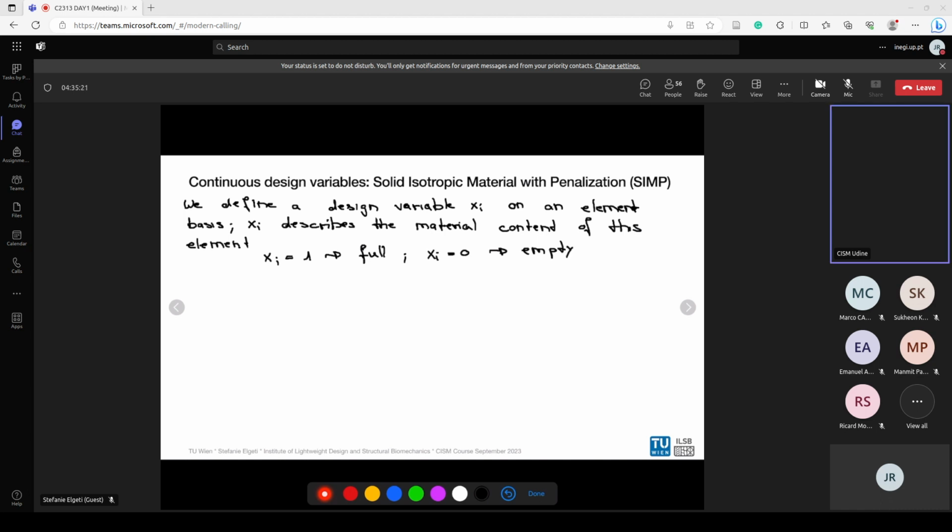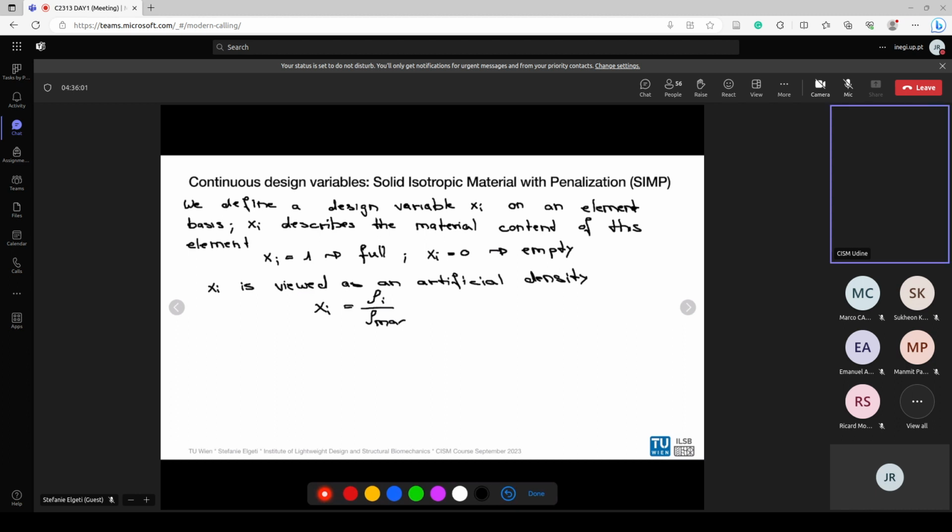And we view xi as an artificial density, meaning that xi is the ratio between the density in this element and some maximum density that is associated with the full material, so with this isotropic material.